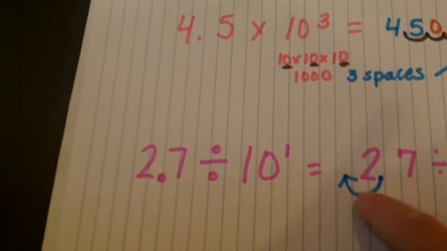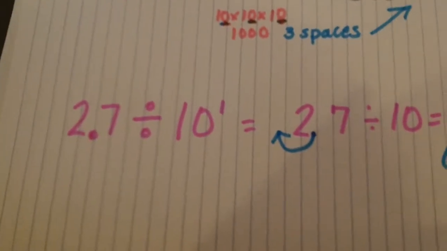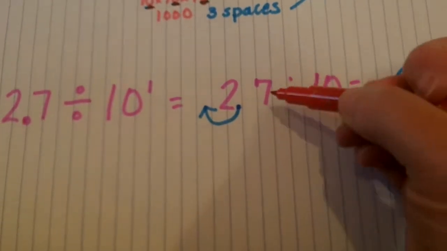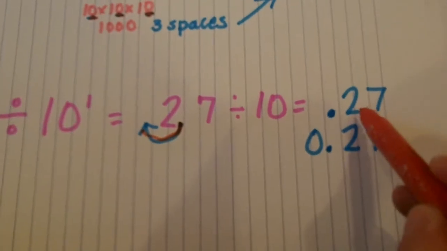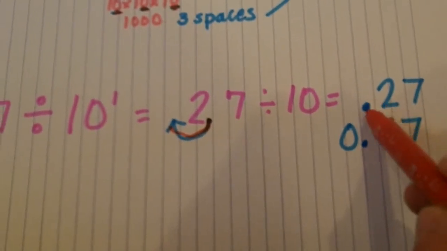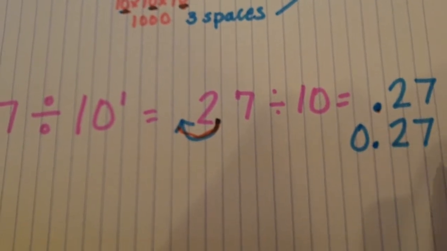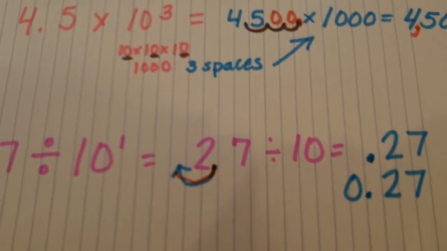So I'm going to have to move to the left. I know that's just by 1 power of 10, or 1 base 10, sorry. So I'm going to move my decimal to the left. So my answer would be 0.27, we've talked about this. We know that those answers are both the same.